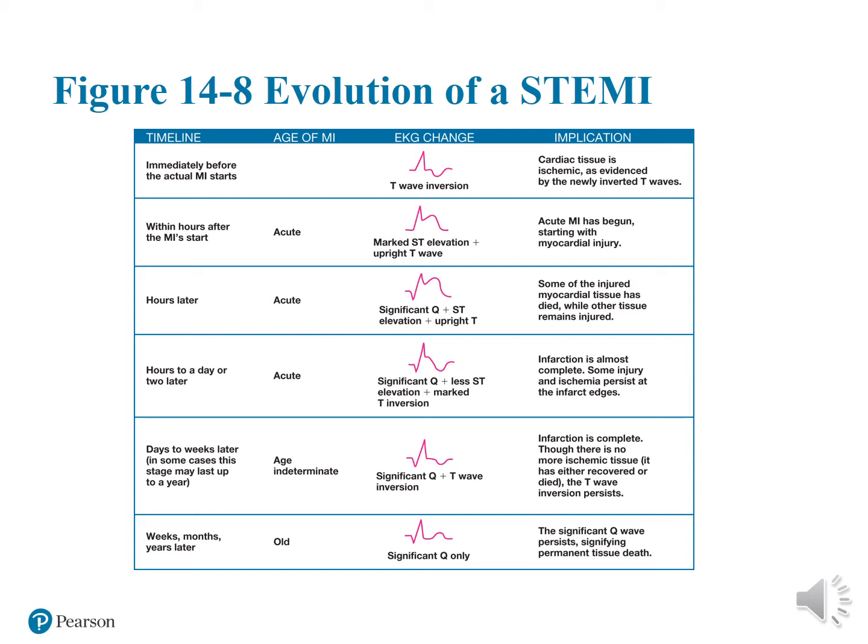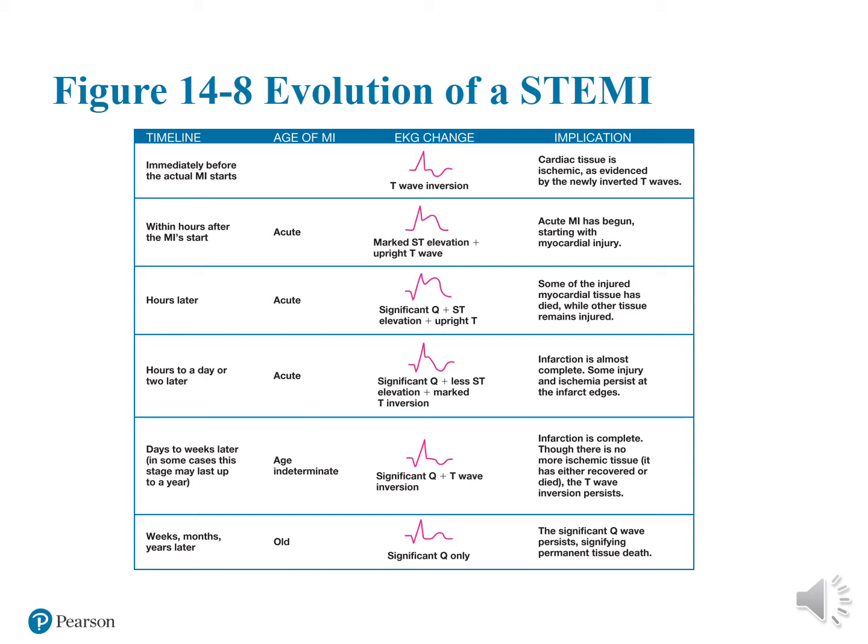Okay, so we see T wave inversions, cardiac tissue is ischemic. Look at the marked ST elevation with upright T wave. That's an acute MI, starting with myocardial injury. Significant Q plus ST elevation, upright T: some of the injured myocardial tissue has died.